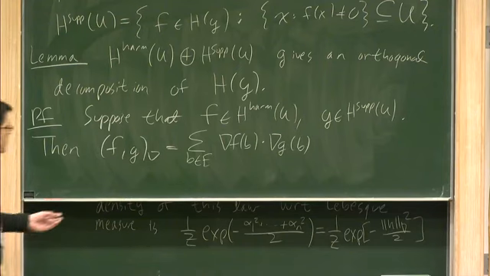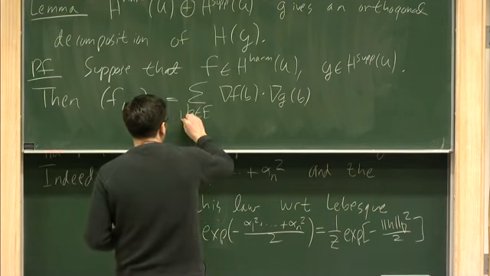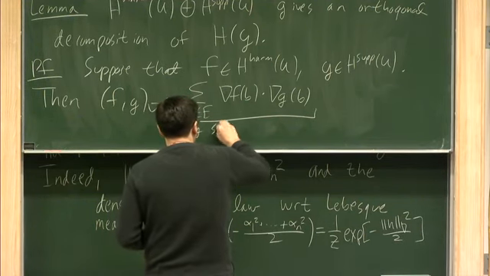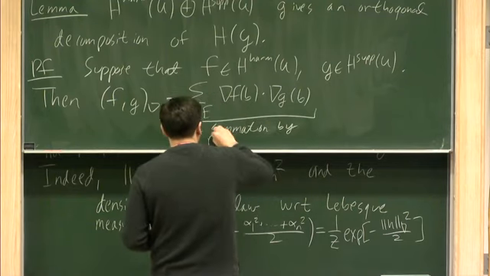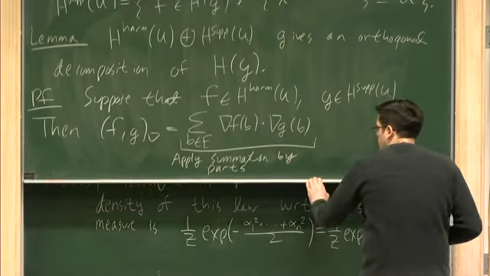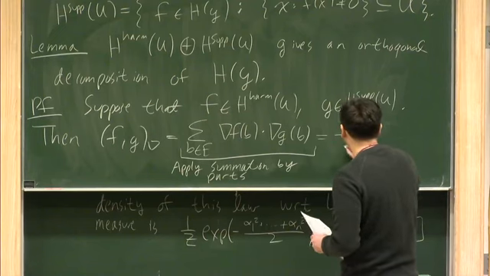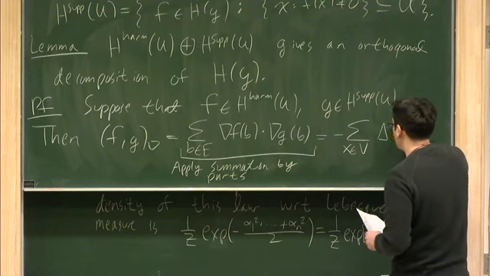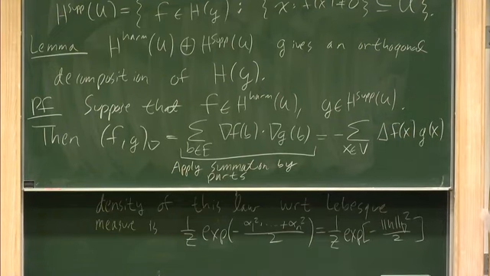Okay, so what do we do with this? Well, you can just apply the summation by parts formula, which is just a discrete analog of integration by parts. The summation by parts formula tells you that this is equal to minus the sum over all x in V of the Laplacian of f of x times g of x.